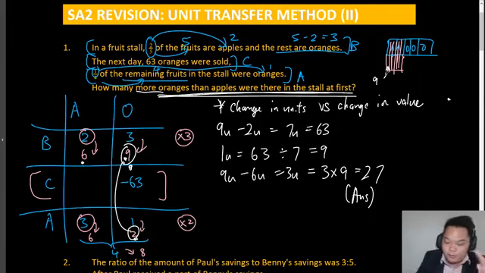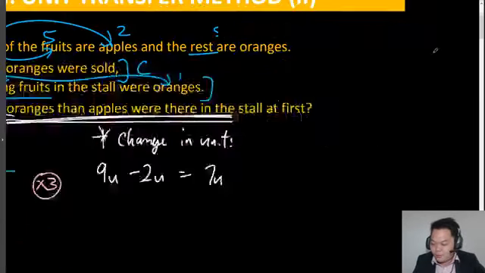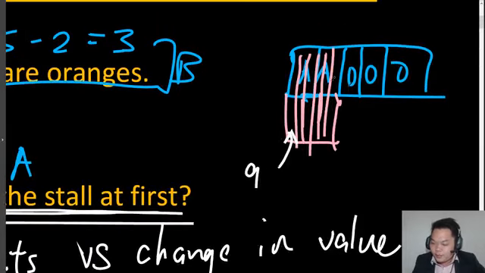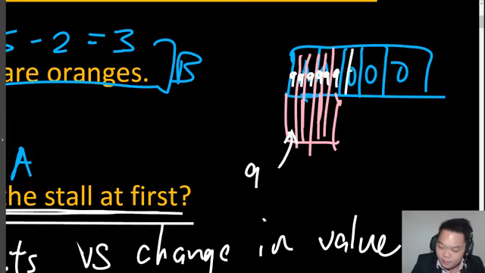So the main confusion that arises is that some students take 3 minus 2. No, you see, if I were to zoom in here, can you see that the 2 and 3 actually represent the big blue block, whereas one of these small ones represents the 9. It's a bit messy.